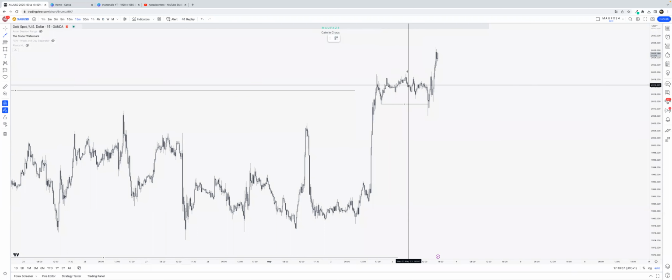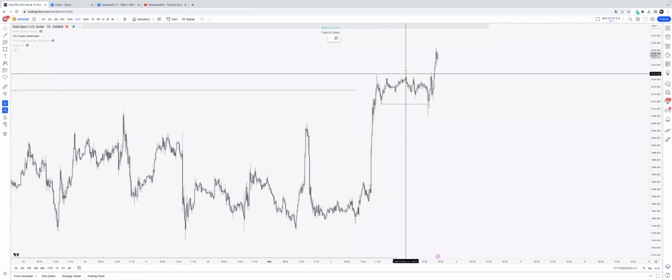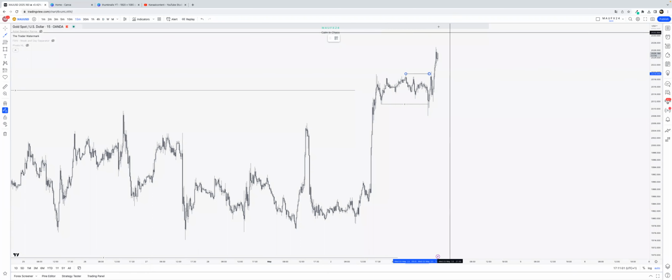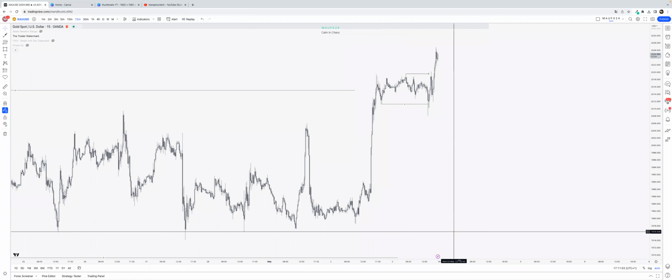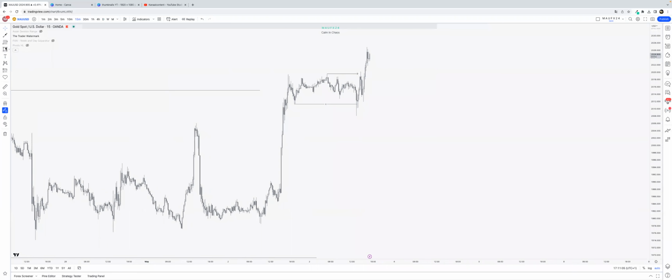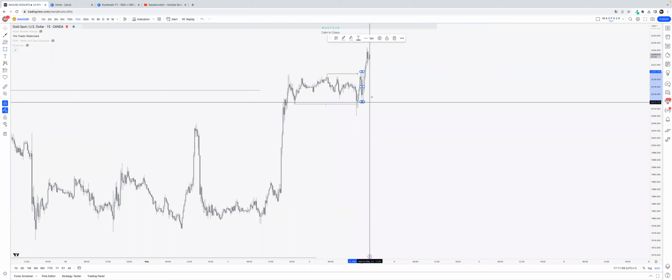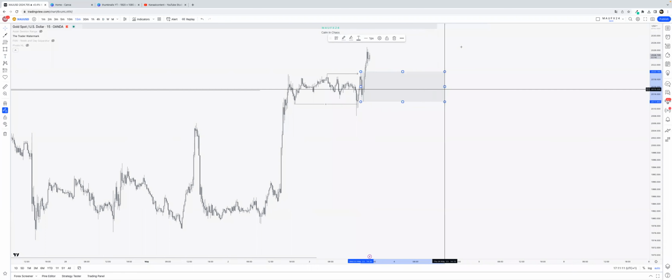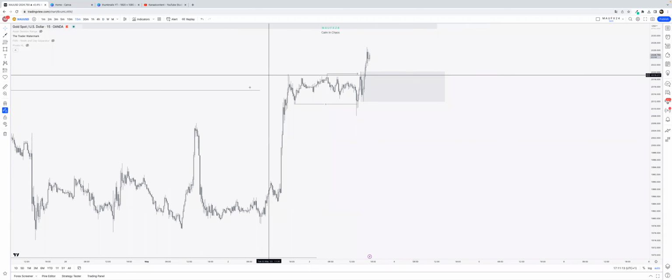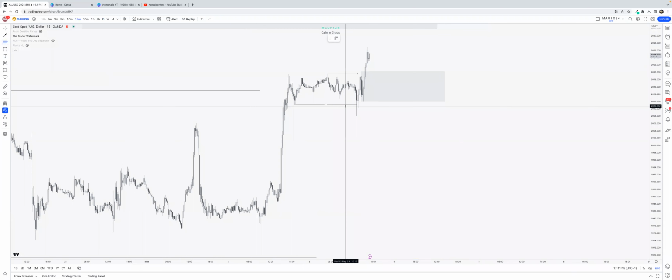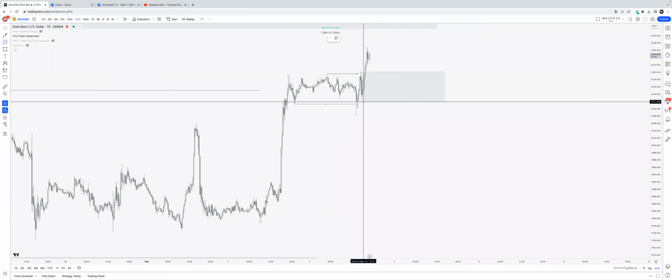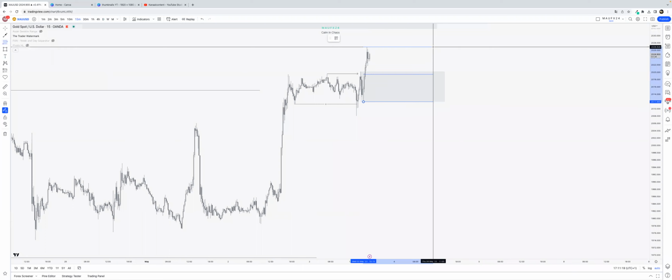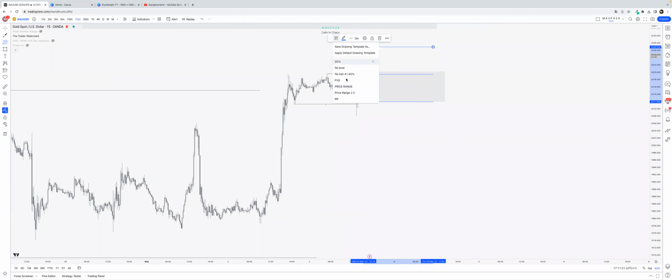So until we reach that area up there, we can look for longs, maybe from this area. And this will be my 15-minute range for now.